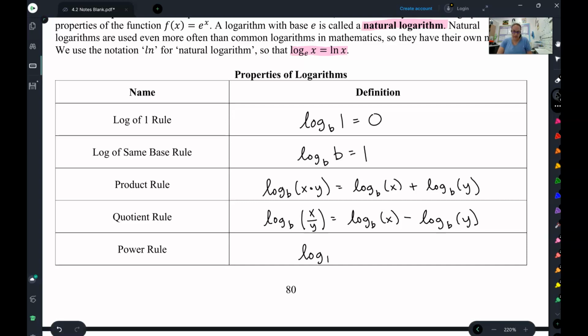But it says if I have x to the n in my logarithm, I can actually take this exponent on this x and move that exponent out in front, which is kind of a weird thing. We don't usually move exponents out of the exponent place. Logarithms is the only place where that works, where we can take this exponent and just plop it out in front instead.